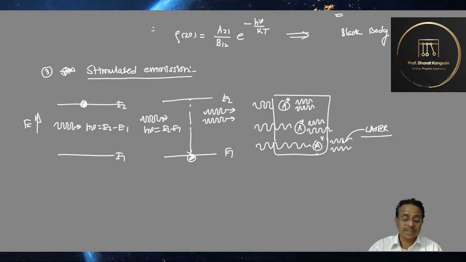We are going to discuss more about this later on, but this phenomenon tells you that an atom in the excited state need not wait for spontaneous emission to occur. If a photon with energy h nu equal to E2 minus E1 interacts with such an excited atom, then it can trigger the atom to undergo the transition to the lower level and emit another photon, as shown in this diagram.